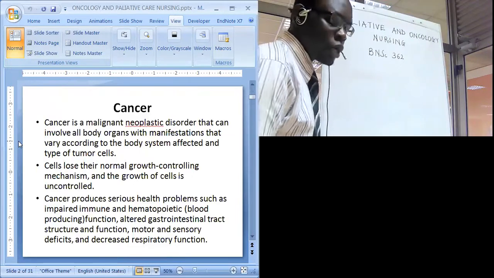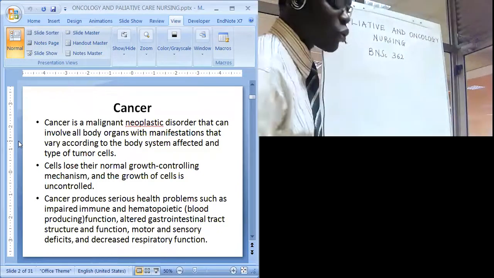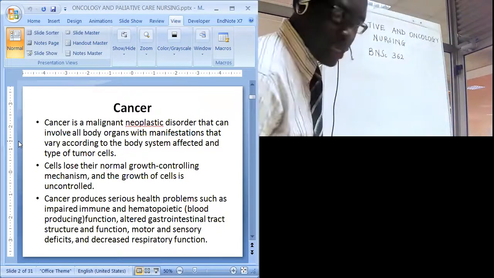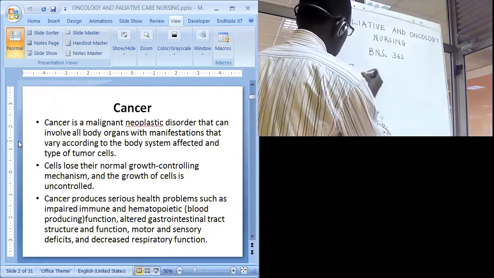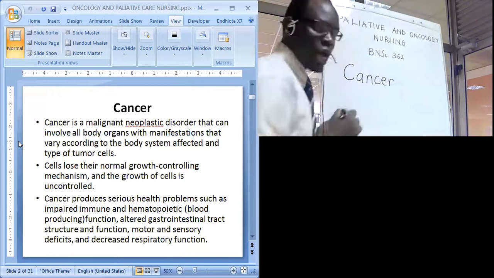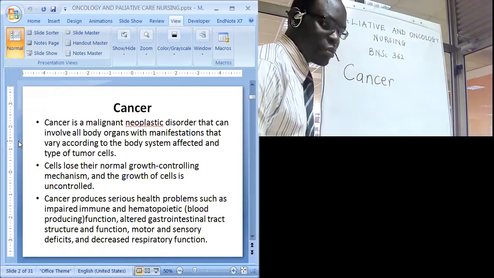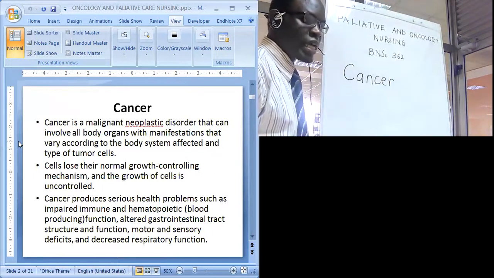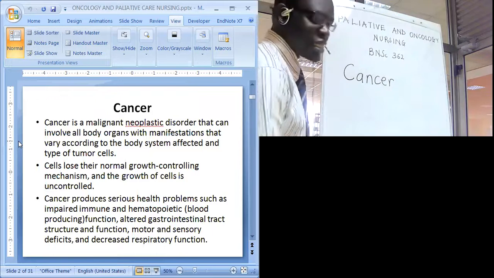Moving on, we want to start with oncology, and whenever we talk about oncology, we talk about cancers. Now, the word cancer, you know what it basically means, but we are saying that it is a malignant neoplastic disorder.